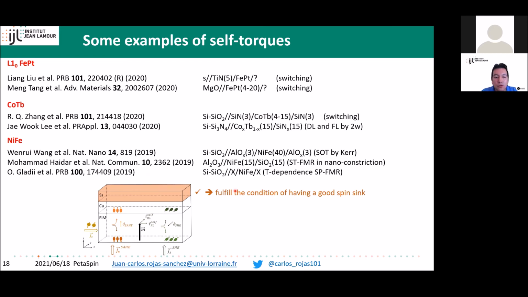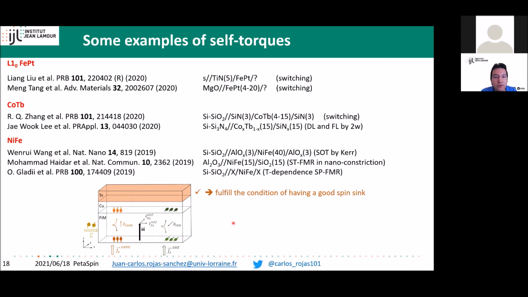What I want to show you in the following is that if we fulfill this condition of having a good spin sink, we can enhance the self-torque, in our case in gadolinium iron cobalt copper. First, I will show you the quantification of the overall efficiency, spin anomalous Hall effect plus spin Hall effect.